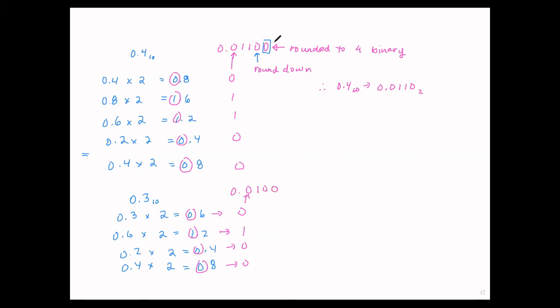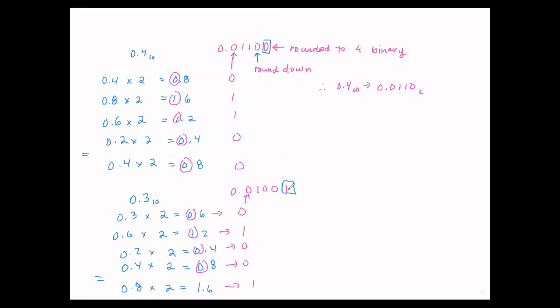But that's the fourth place. What I didn't do prior was investigate this fifth place. So if I now take this 0.8 and I multiply by 2, I get 1.6. So the fifth digit was a 1. And even though the answer was supposed to have only 4 digits, I need to see what that digit would be.